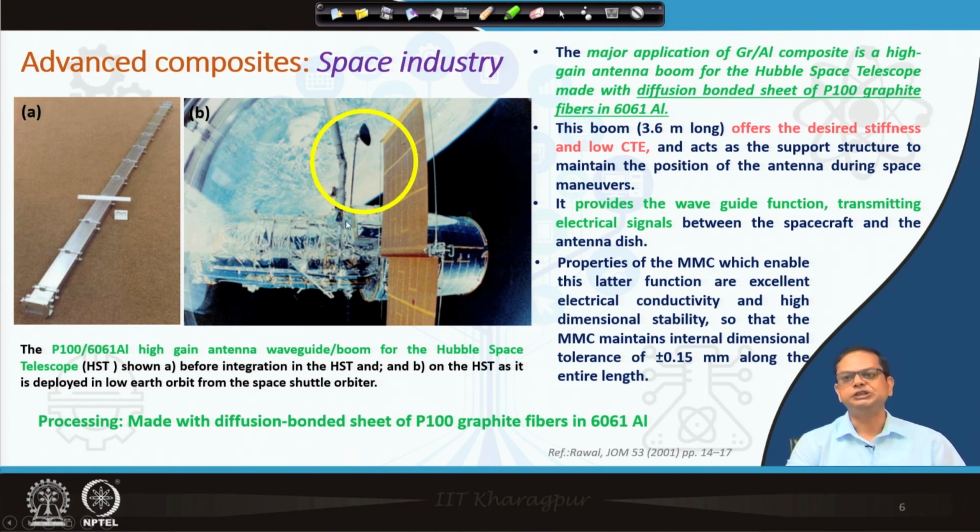At the same time, it should have low weight. Not only that, another very important work done by this particular boom is that it also acts as the waveguide. That means it transmits electrical signal between the spacecraft and the antenna dish.